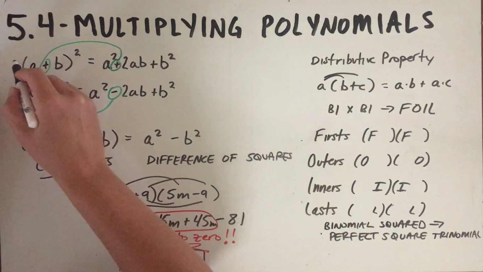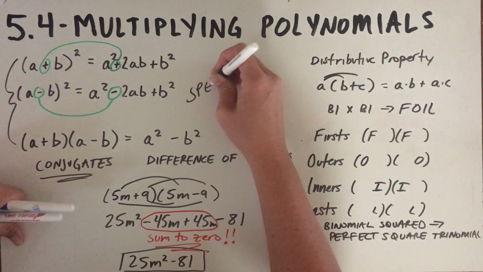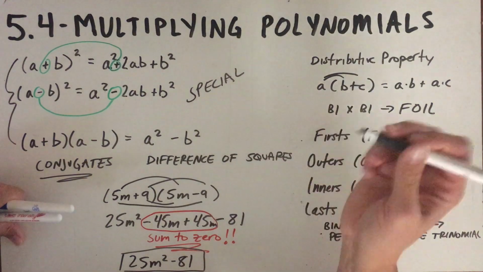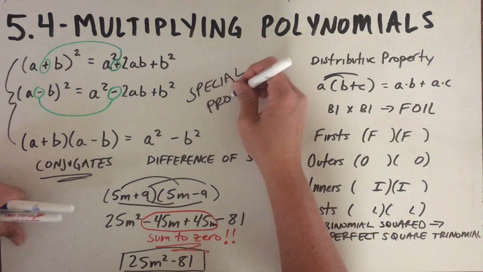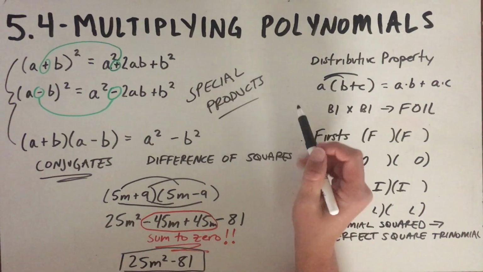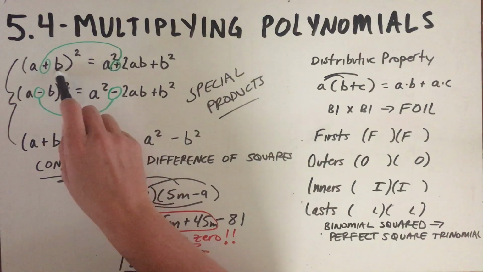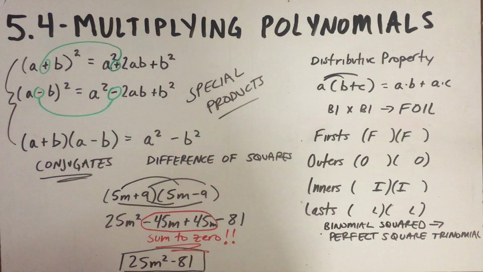All three of these right here are called special products. They're called special products because something happens that's unique when we multiply them together. Remember, product means multiply. So if we multiply a binomial together with a positive sign, I end up with a perfect square trinomial.